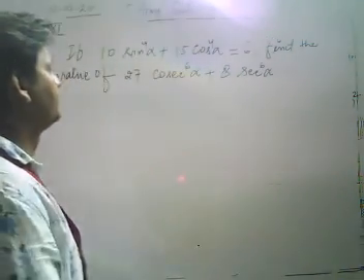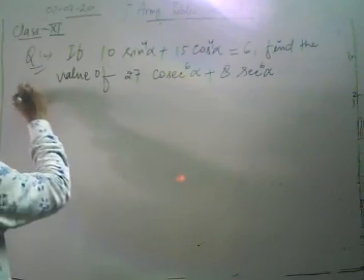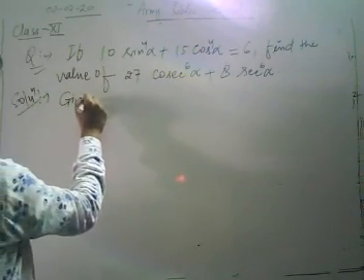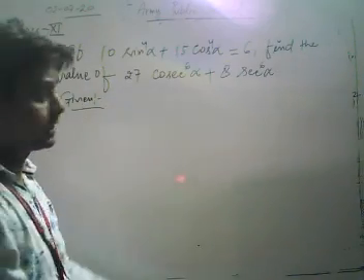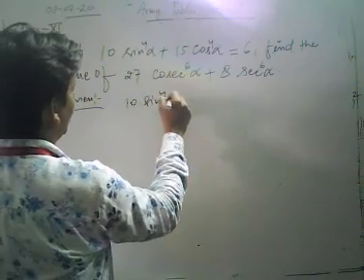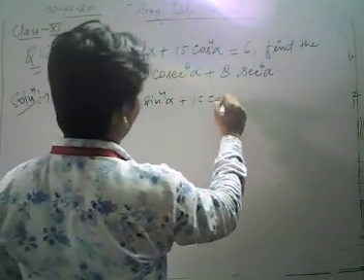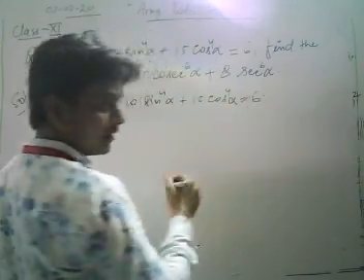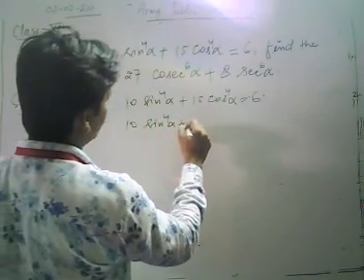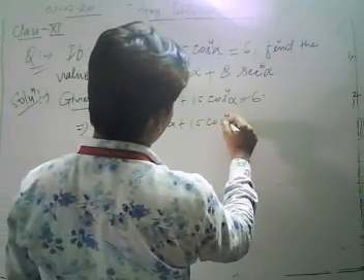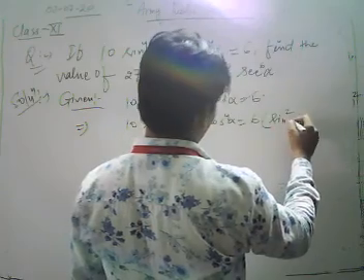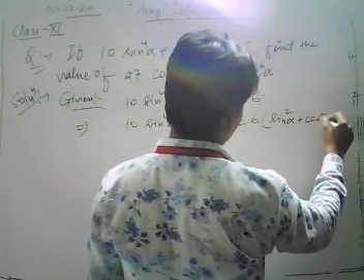Now let's see, solve it. First, we write given, what is given. This is a very important question. Okay, let's see. 10 sin power 4 alpha plus 15 cos power 4 alpha is equal to 6, and so we write 10 is equal to 6 into (sin square alpha plus cos square alpha) whole square.